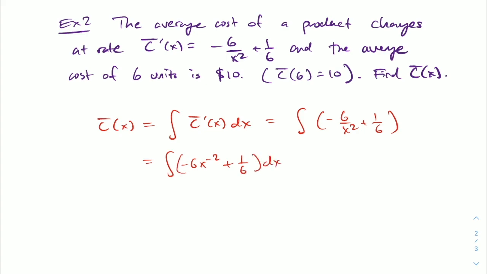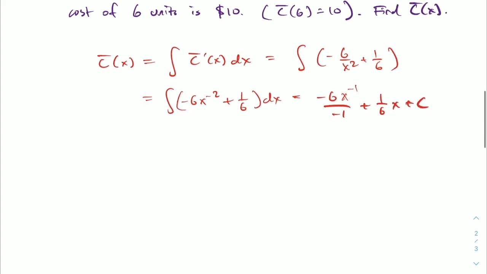Using the reverse power rule, this will be negative 6x to the negative 1 all over negative 1, plus 1/6 x plus c. If we clean this up a little bit, we get 6 over x plus x over 6 plus c.